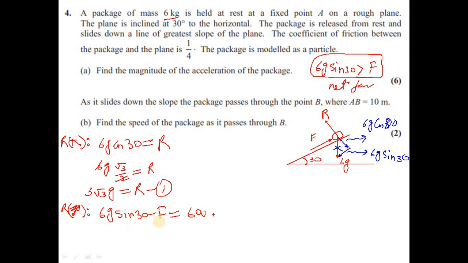So you can replace F with mu R and sine 30 with its value. So 6g into sine 30, sine 30 is 1 upon 2, minus F, F is mu R, is equal to 6a.